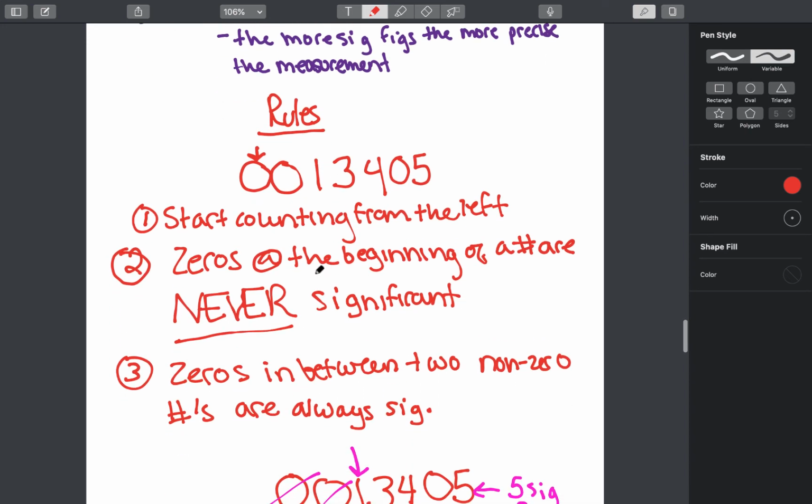Zeros at the beginning of the number are never significant. So if you have a value like this, or a value like this, the zeros in both cases are never significant, and you only start counting at the first non-zero integer. So in this case, you would have 1 sig fig, and in this case, you would have 1, 2. You would have 1, because this is 10. So you would have 1 and 1 right here.